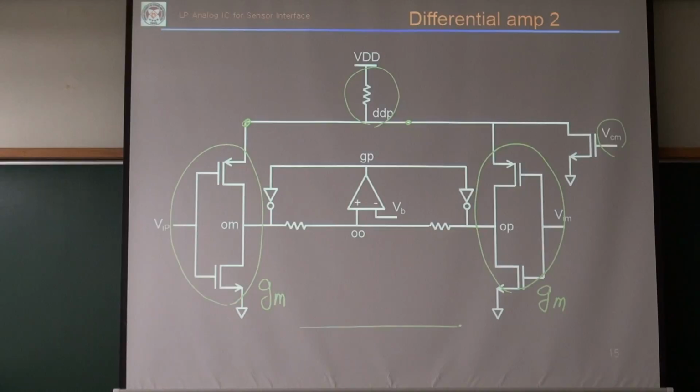For the inverter, the current through inverter, if my VDD is 3.3, and then this will be my current, right? So my GM at the logic threshold will be determined by this current level.